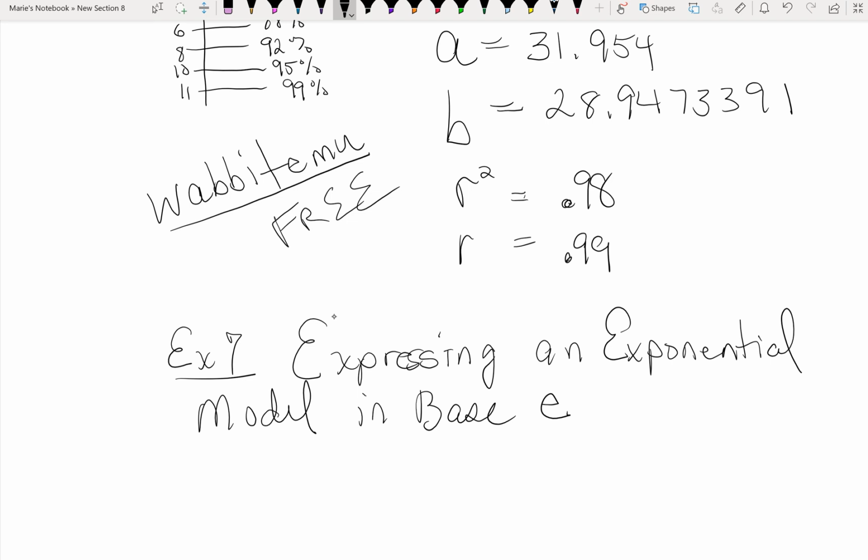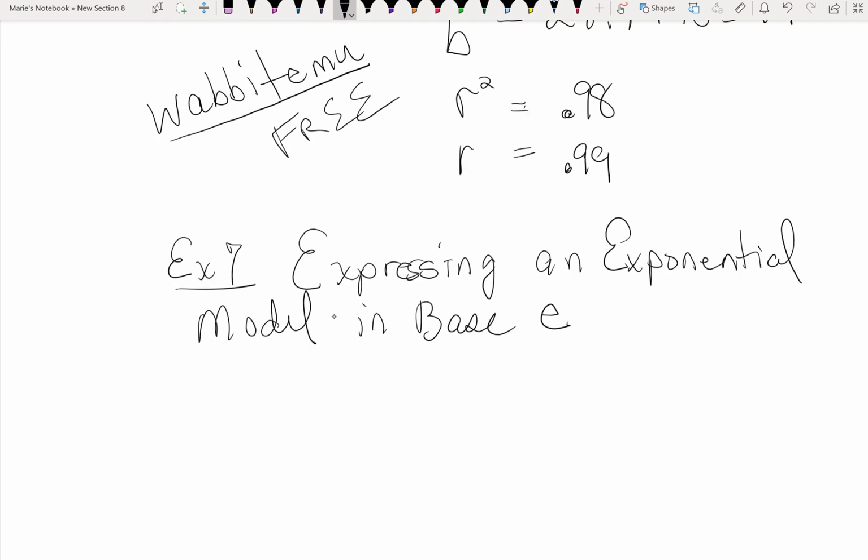They give us a function just to talk about it. So I'm going to start with some of the basics where y is equal to a times b raised to the x power, which is equivalent to y is equal to a times e raised to the natural log of b times x.